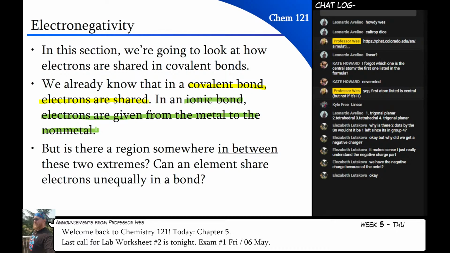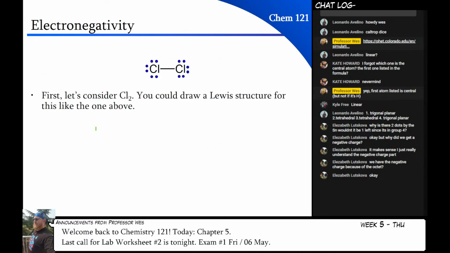Well, no, of course not, because it's in one person's room over the other 2 children's. So in this case, the Nintendo Switch would be your electrons, and the 3 kids would be the 3 atoms involved in this transaction. With atoms, it's the same thing. Your electrons can be shared unequally. And let's look at some examples of that.